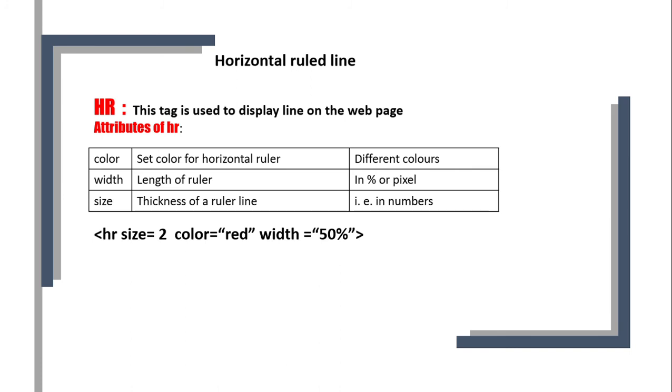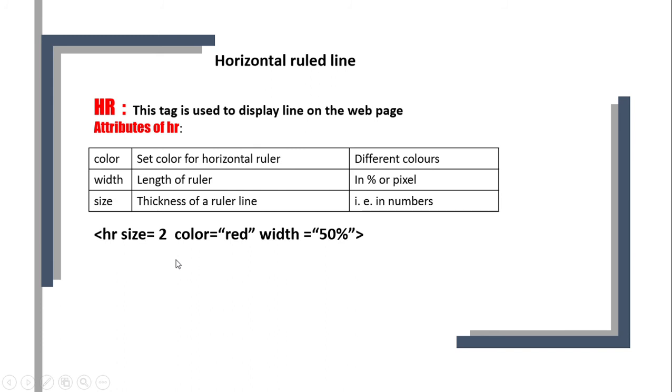But suppose you want to change the thickness, then apply the size attribute with the HR tag. HR is a tag and it supports some attributes. That is HR, then size. That's why we wrote in this program size equal to 2.